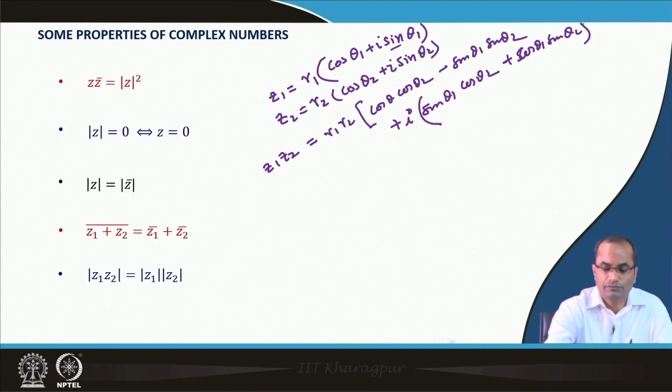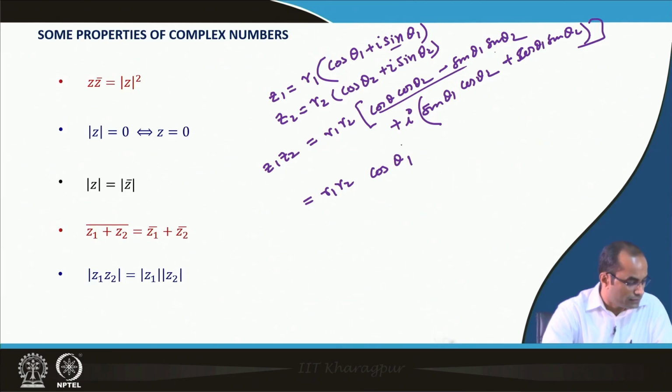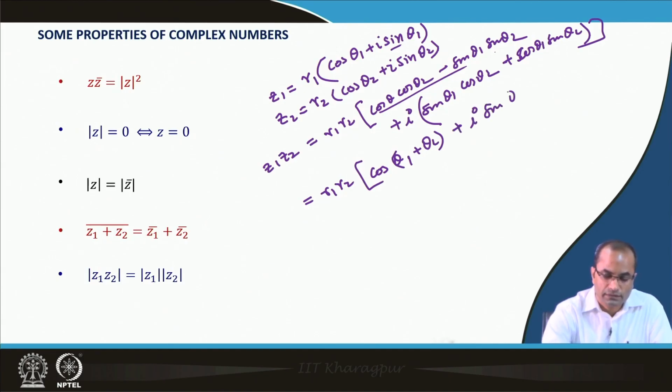This we will get out of the product. That means we have r 1 r 2, and if we combine this using the trigonometric identities, we have cos of theta 1 plus theta 2, plus i times sin of theta 1 plus theta 2.